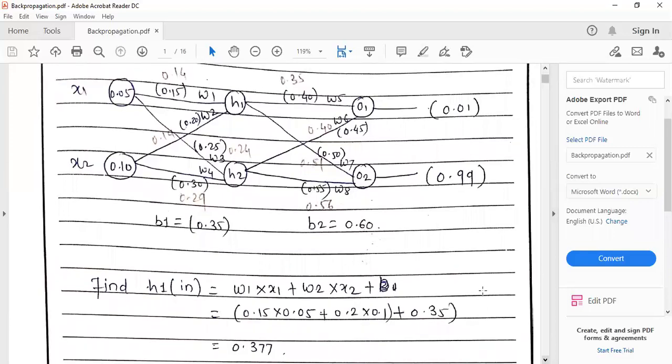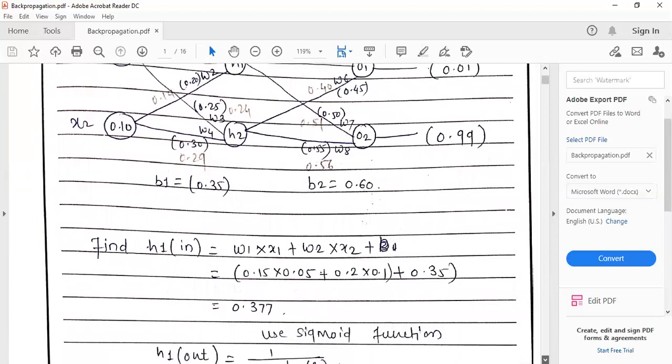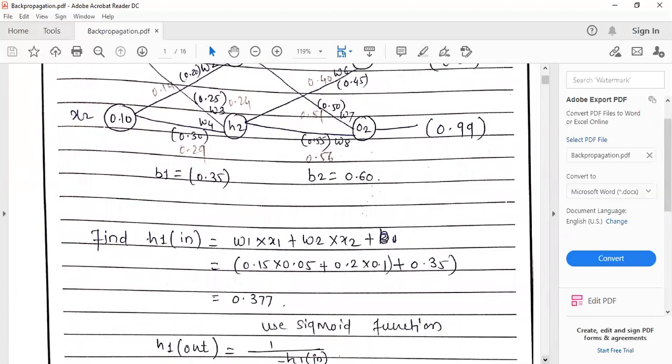See, for hidden node 1, you have to consider the value of input and how it is calculated. So W1 into X1 plus W2 into X2, means whatever inputs are coming to H1, you have to consider those values with their weights, and then add the value of the bias to it. So the calculation will be 0.377.